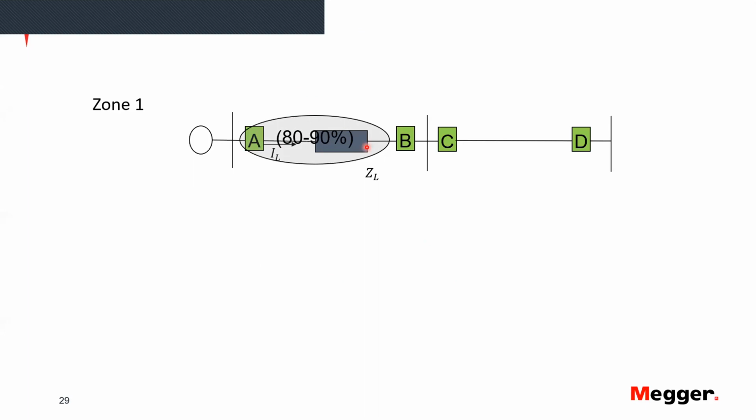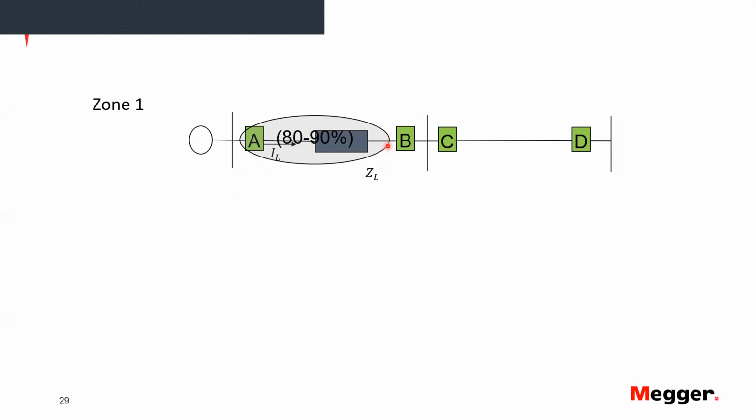We define that because there is a gray area for this protection, because of the inaccuracies inherent in the measurement process, that we don't know exactly where we are, and we need to trip very fast.